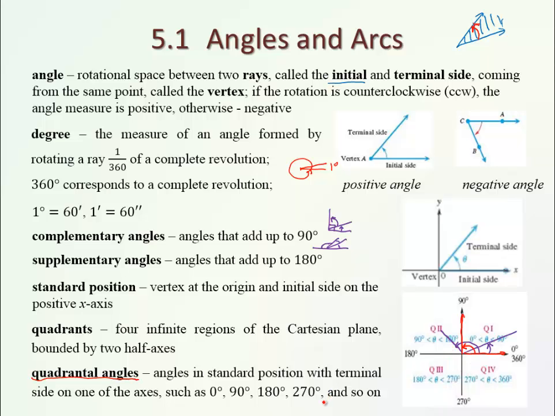So another angle will be just 360. The following one, 360 plus 90, will be 450. So we'll have lots of such angles, either positive or negative. For example, negative 90, negative 180. There are infinitely many quadrantal angles.